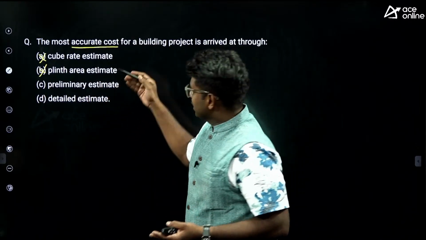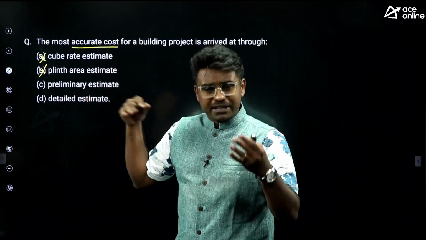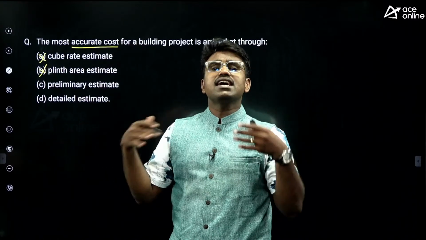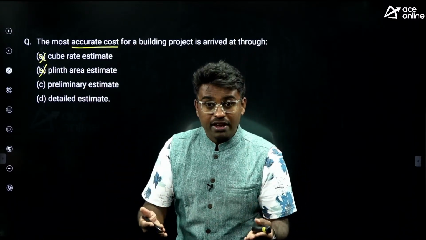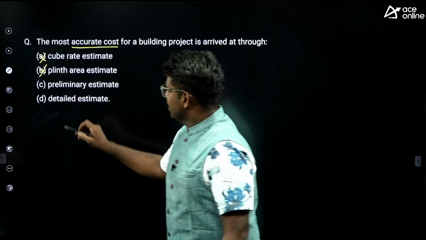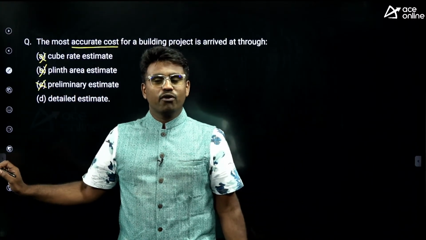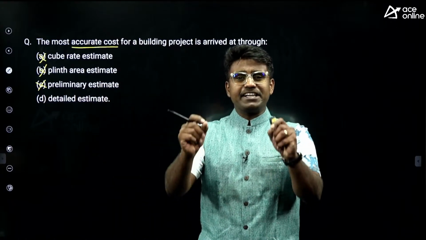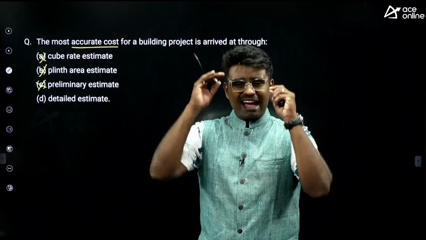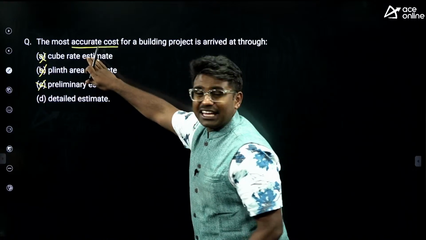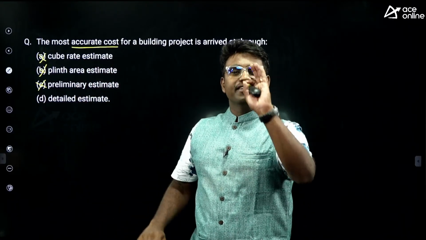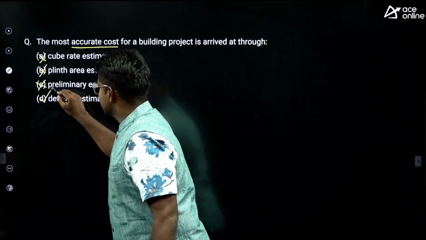Preliminary estimates are also called approximate or rough estimates, ruled out. The remaining one is the detailed estimate, where we get the actual or accurate cost of the building. Answer is D.